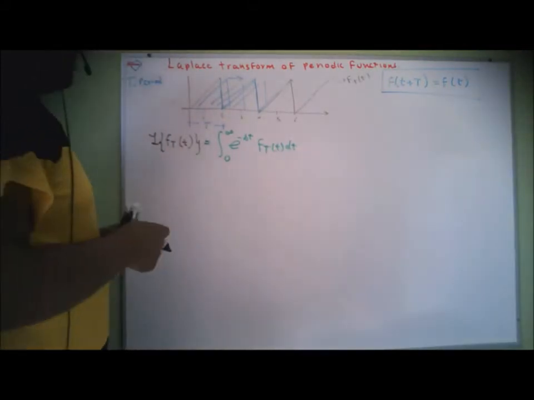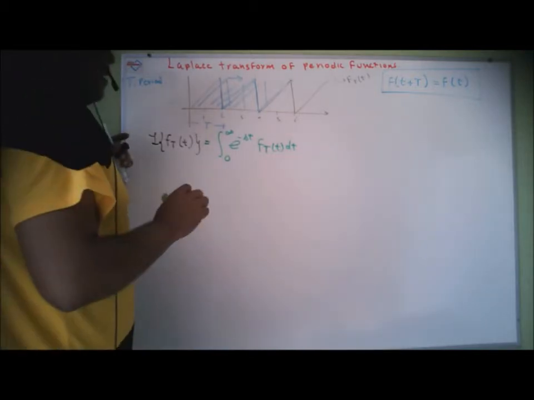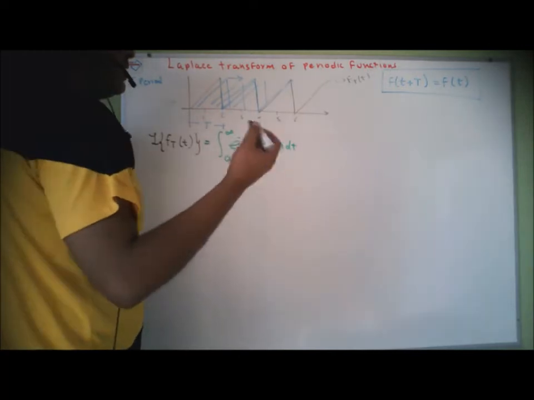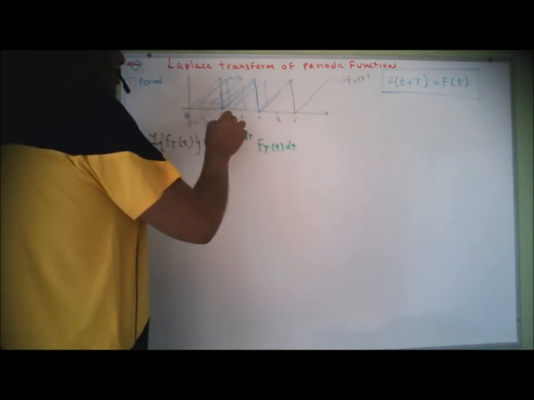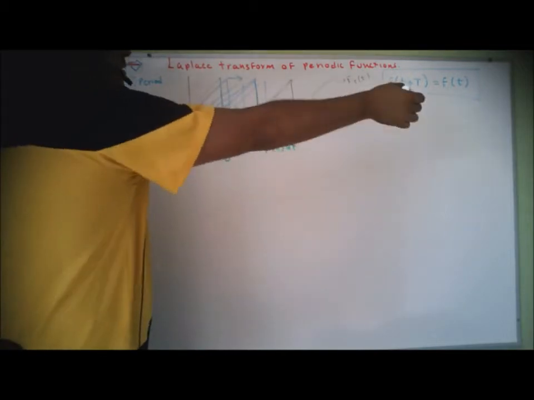Well, that doesn't tell me much, but let's do this. I'm going to split the integral into two integrals: from 0 to the first period, and then from the period to infinity.